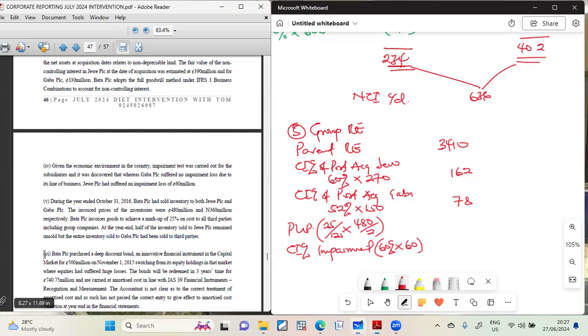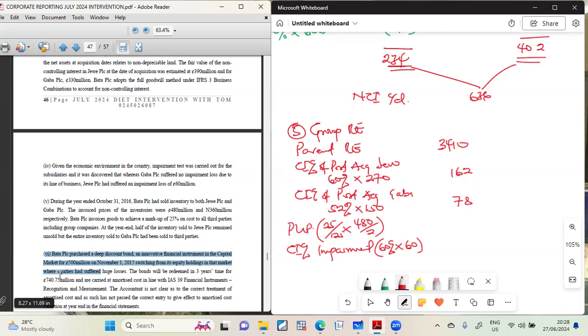Then there is another issue. I tell you that anytime there is something concerning the subsidiary, it is dealt with in workings 2. So assuming the PAP, if the subsidiaries were the ones who sold, it will be in workings 2. Anytime the additional information is initiated by the subsidiary, do it in workings 2. Anytime it is initiated by the parent, do it in workings 5.